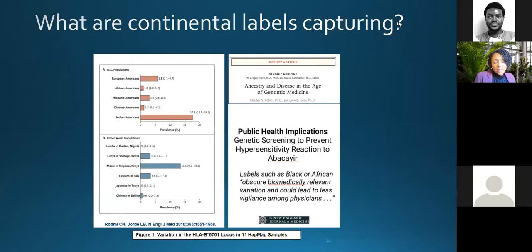So I understand that one might ask, well, race can be tied to social factors. It's important to keep track of race and or certain ethnic identities.